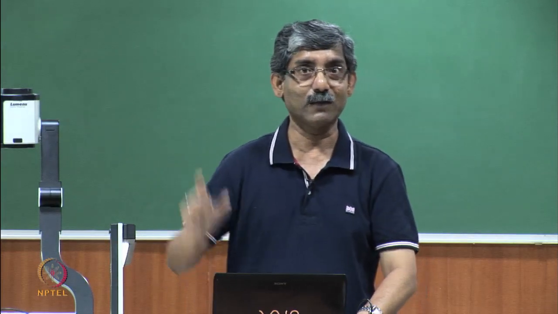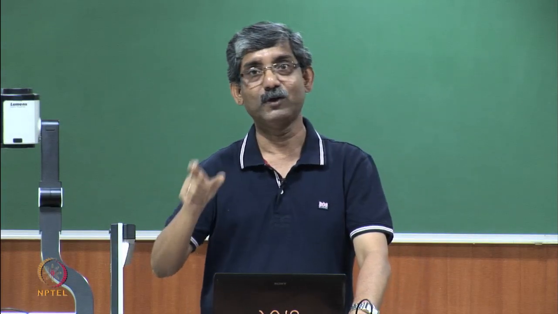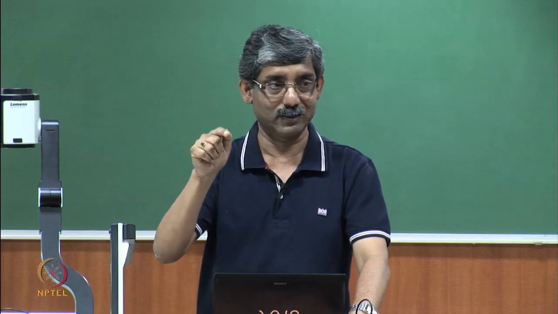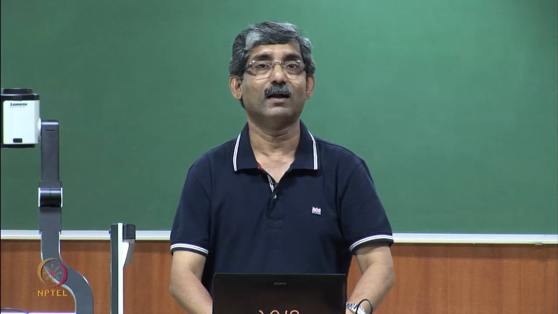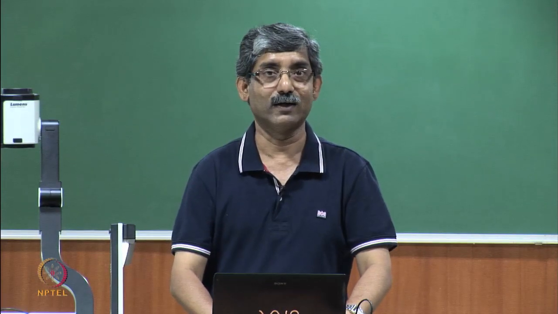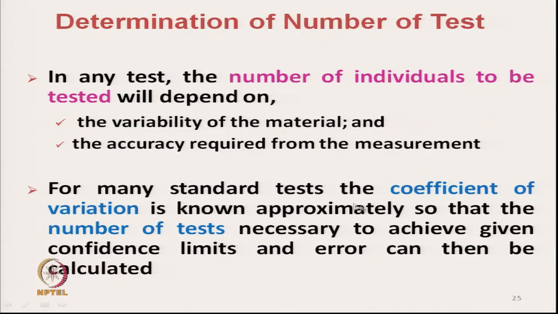If we know the variability, or if we have the targeted accuracy error, the targeted error value, then we can calculate the number of tests required. For many standard tests, the coefficient of variation is known approximately, so the number of tests necessary to achieve the given confidence limit and error can be calculated.